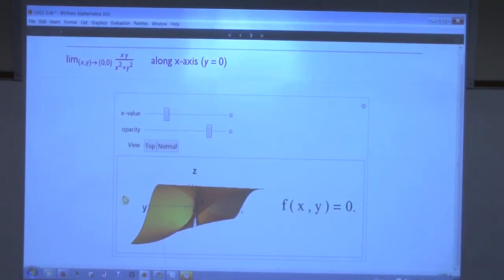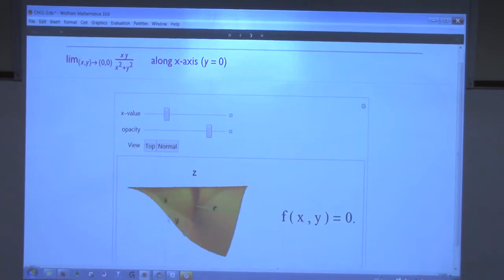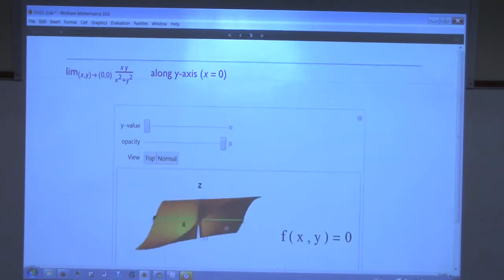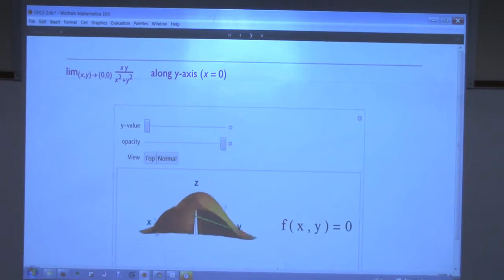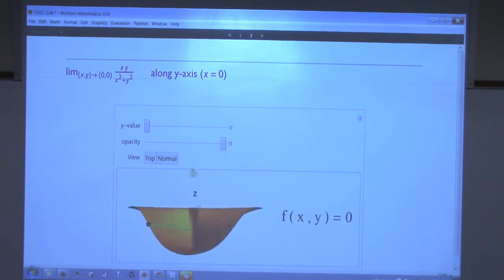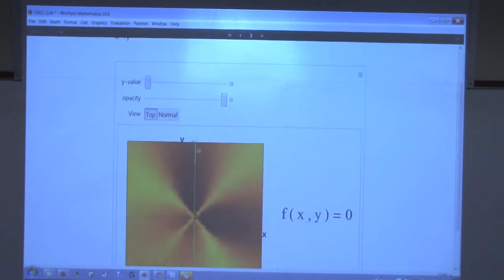And then we come in on the y-axis. The same thing happens. We get that same edge effect, running along this edge, always staying constant at 0. On the other side, same thing. Look at that from the top, running along the y-axis.